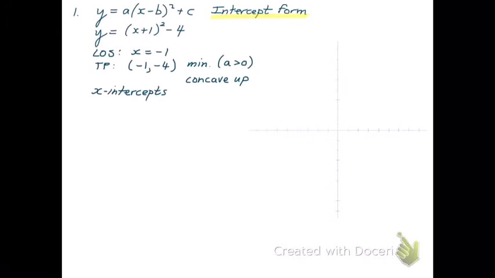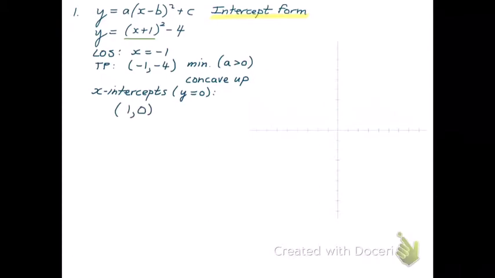Now to find the x-intercepts, that means y must be equal to 0. What we're doing now is looking at this part of the equation. The number inside the bracket must equal 2, so that 2 squared equals 4, 4 minus 4 equals 0. So by inspection we're looking to find what values of x will make the inside of the bracket equal 2, because 2 squared equals 4.